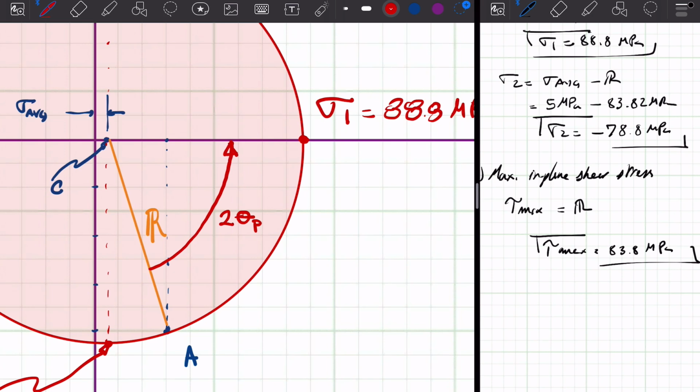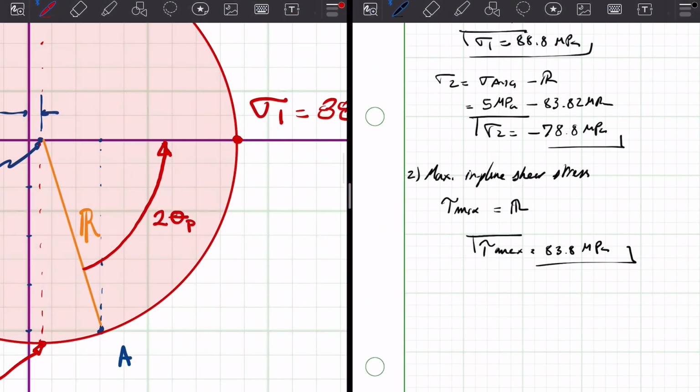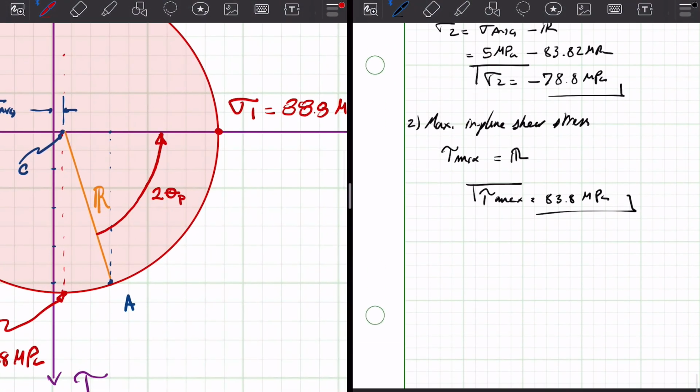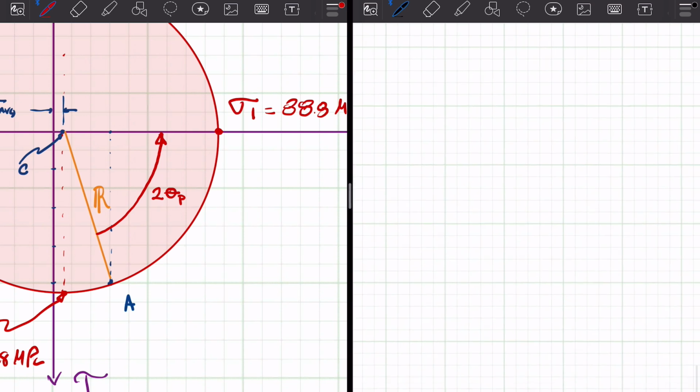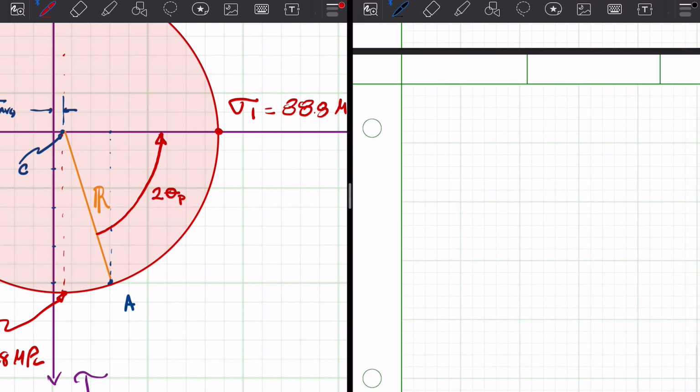Notice that we could measure it here graphically, but we can also calculate it like we do with regular trigonometry. So I'm going to go ahead and do that. If we want the angle of the principal stress, we do regular trigonometry. So this becomes a bit of a triangle that we have to deal with, and this becomes the inside angle.